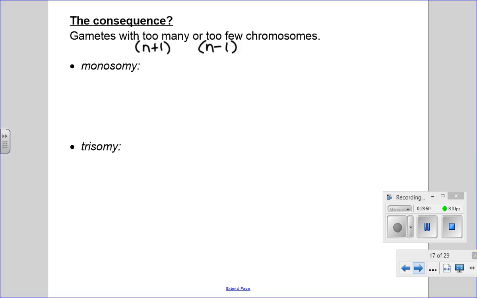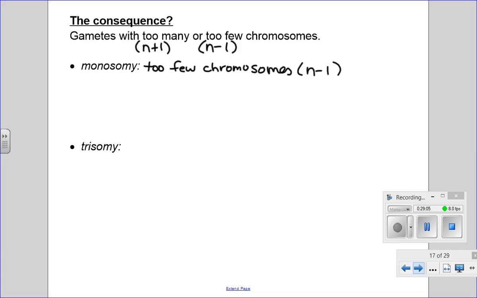A monosomy is what it's called when you have too few chromosomes. So this is our N-1 scenario.